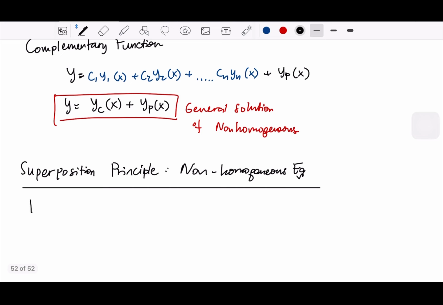So we are going to have more than one yp. So we have yp1, yp2, yp3, up until ypk, and k is any number.